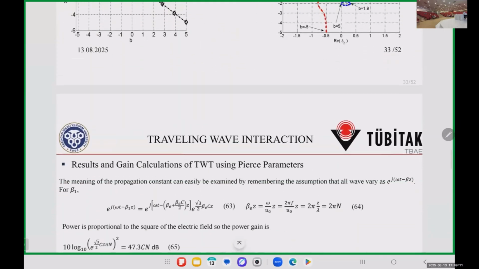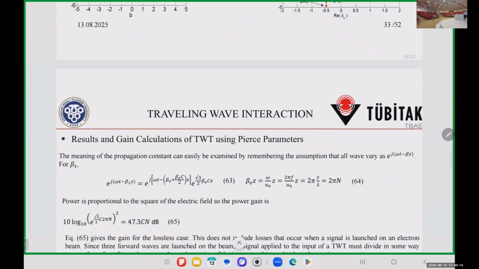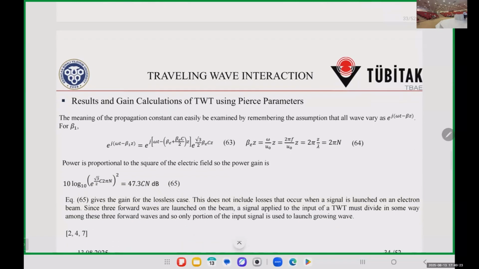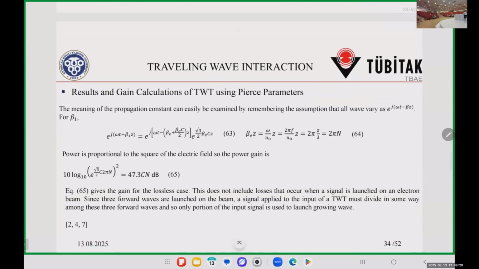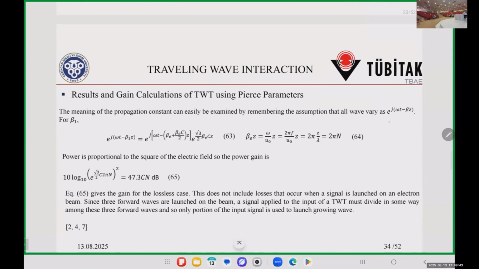So if we explain results and gain calculations of these solutions, we can write this equation 64 here. If we write just for beta 1 here, remember that we use time and distance dependency e to the j omega t plus beta z.